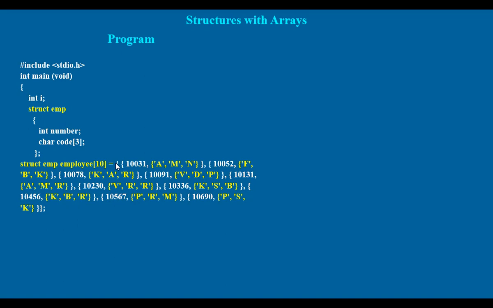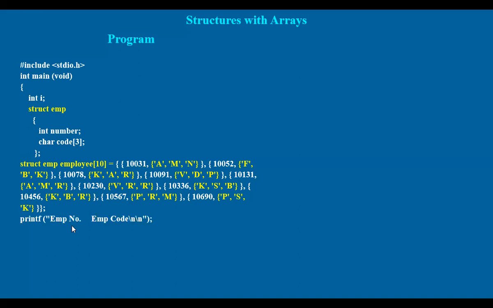So inside a set of curly brackets, we have provided the number and this employee code. Because this employee code has 3 letters, we have provided a set of curly brackets so that it will be clear. Similarly, for employee 2, the values are provided like this. So like this, we have provided all the 10 employees' data.